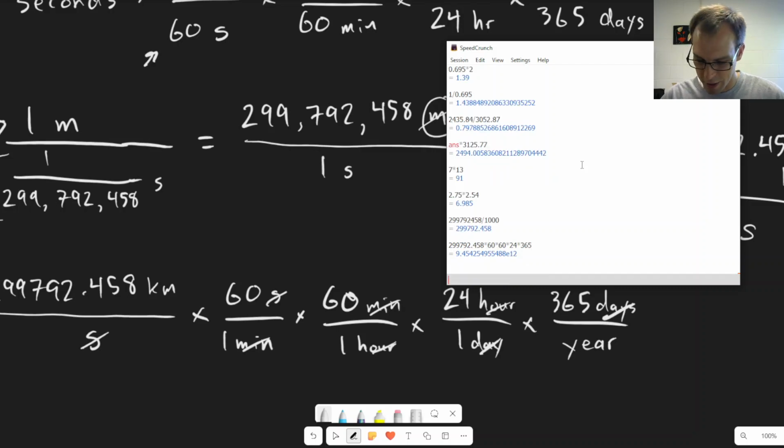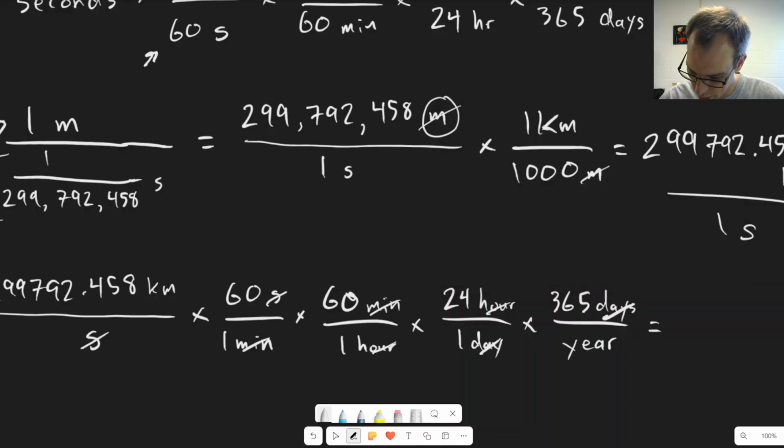And our final answer here, I won't include all the digits that we could, is 9.45 times 10 to the 12th kilometers per year. And that's how long a light year is. So hopefully this was useful as a more complicated example of unit conversions where we're doing multiple steps, thinking about multiple unit conversions at the same time.